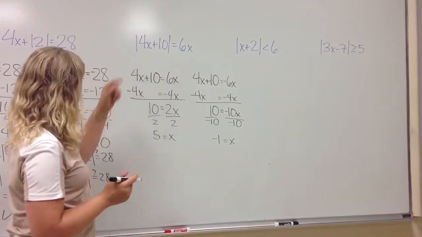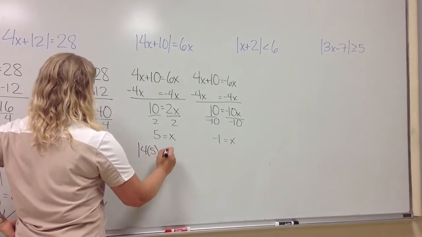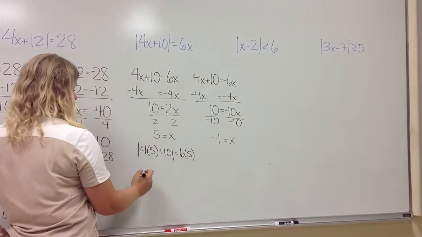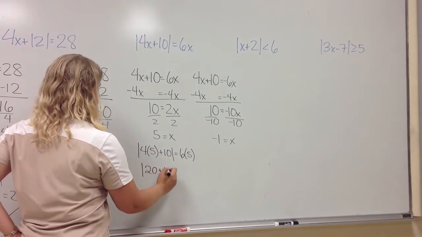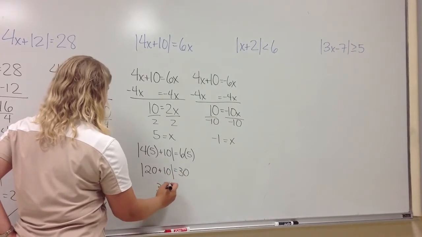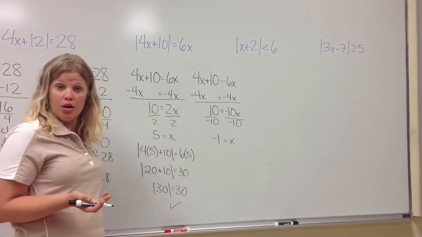So go back to the original and we say absolute value of 4 times 5 plus 10 equals 6 times 5. Well, 4 times 5 is 20. 20 plus 10 is 30. Is the absolute value of 30 equal to 30? It works.